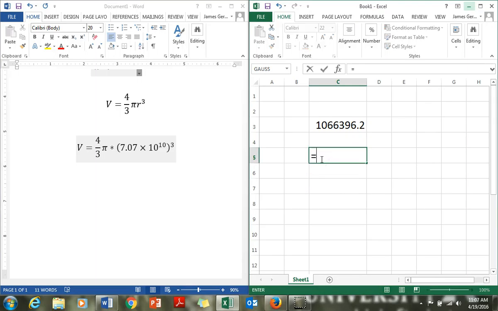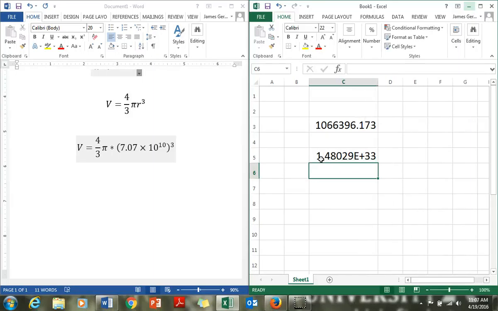So if I go over here to Excel, 4 divided by 3 times pi times 7.07 times 10 to the 10th cubed. So 1.48 times 10 to the 33 cubic centimeters.